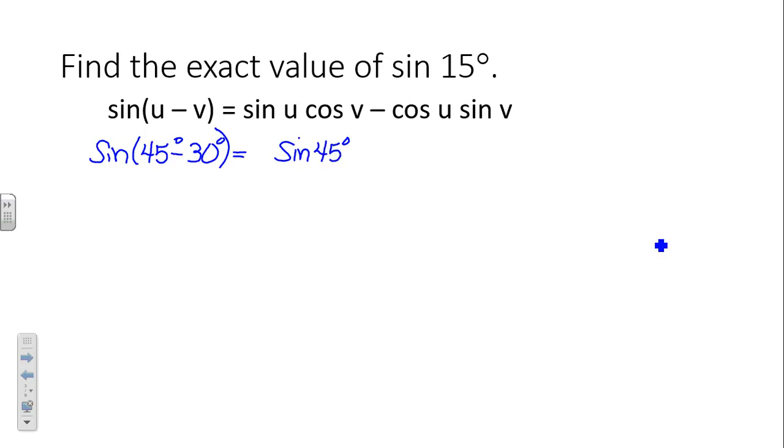So we're starting with the sine of 45, and then the cosine of 30. And it keeps the same sign that it had in the parentheses. So minus, now it says sine 30 cosine 45. It's the peacekeeper, the one that takes turns.